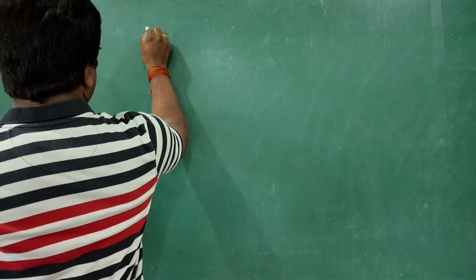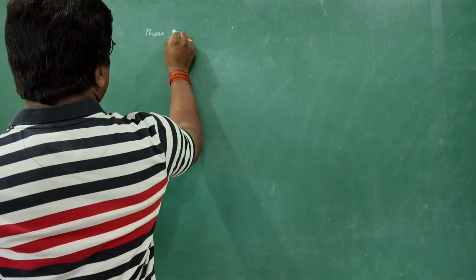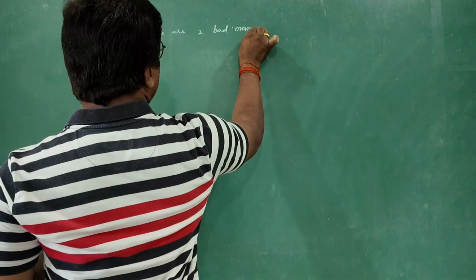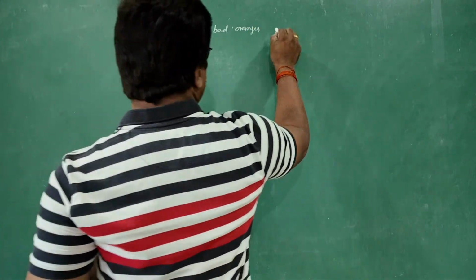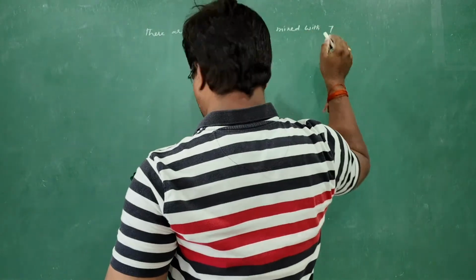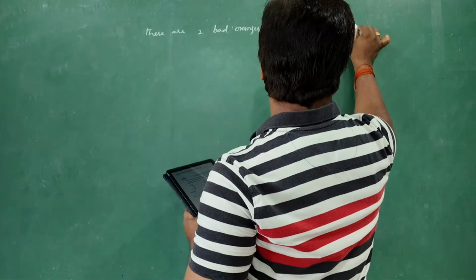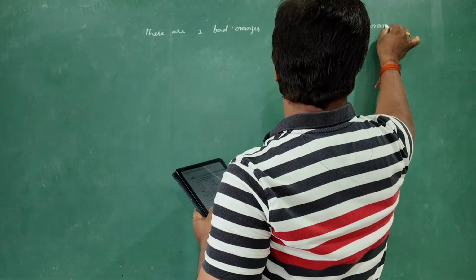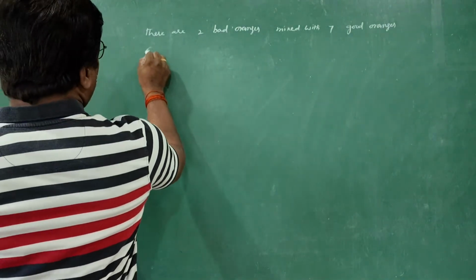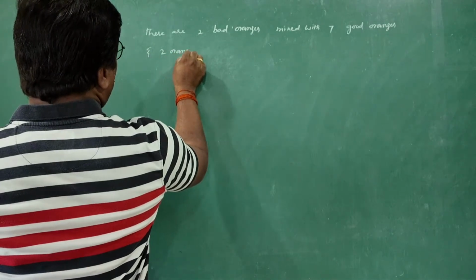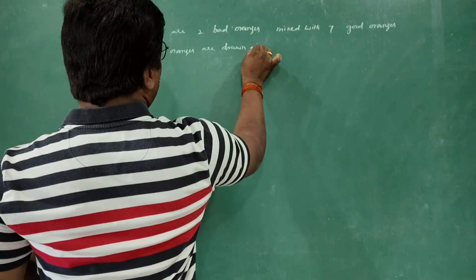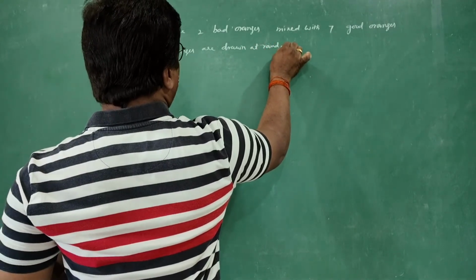The question is, there are 2 bad oranges. They are mixed with 7 good oranges. And 2 oranges are drawn at random.